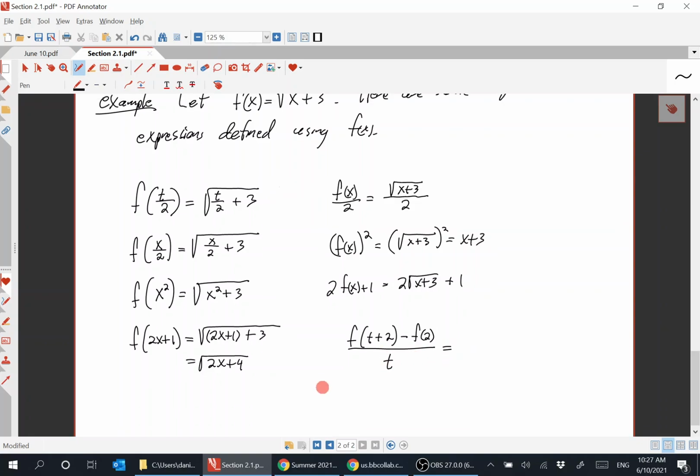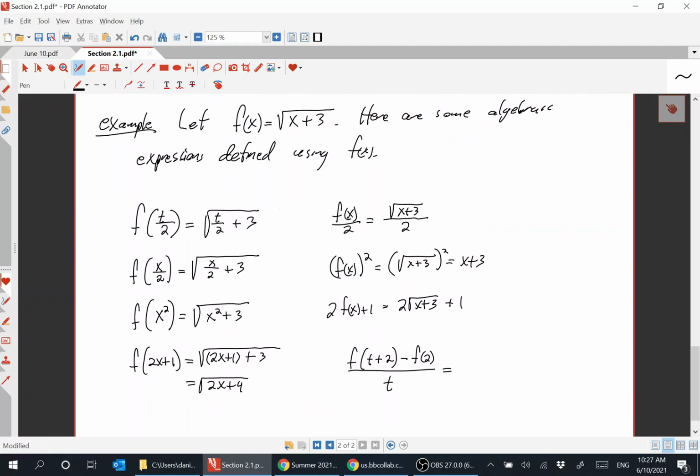What's that going to look like? Let's put a 1 there: f of t plus 1 minus f of 1 over t.